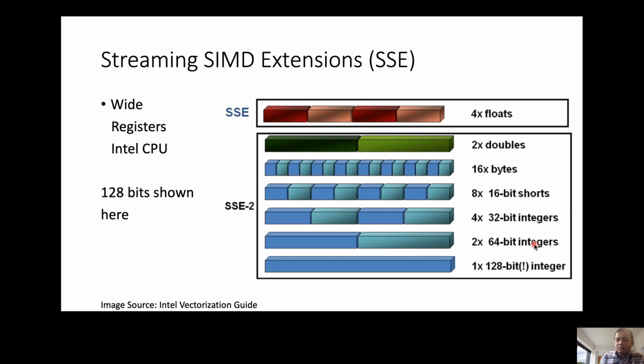And for long integers, for 64-bit integers, you can store 2 of them, right? So this is how we are going to populate the registers with numbers, and then we'll do operations on them. So you can think of the earlier example where we had an array, and many elements of the array could be stored in one register. All right.